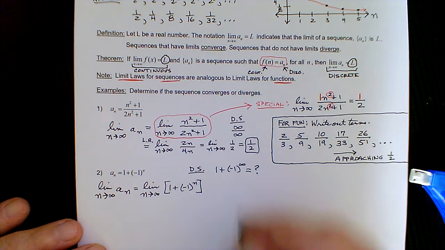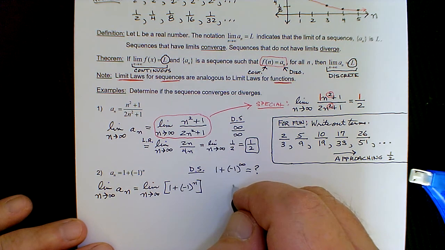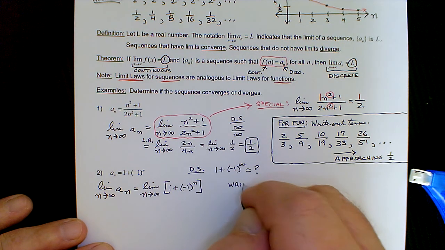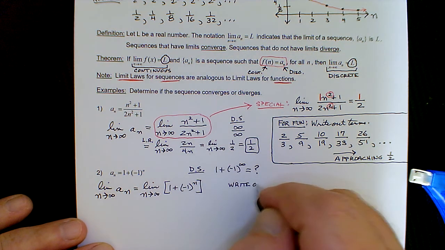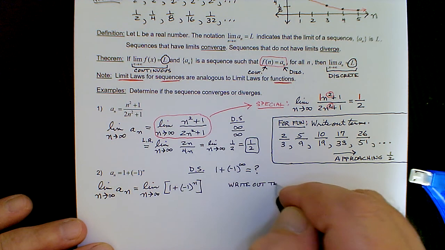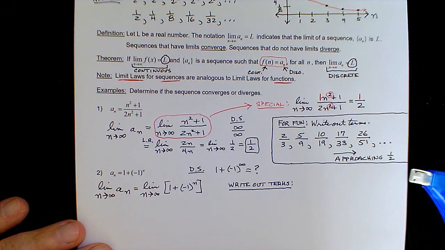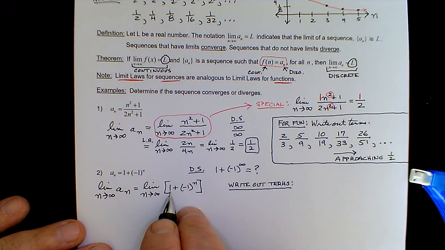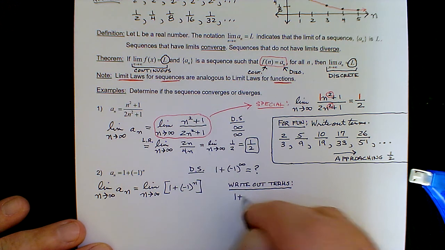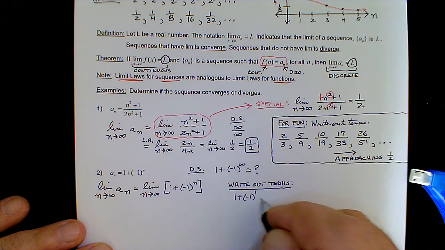So what we're going to do is write out the terms. If you ever get stuck and you can't evaluate by our limit properties, just investigate the behavior by writing out the terms. When n is 1, we'd get 1 plus negative 1 to the first.